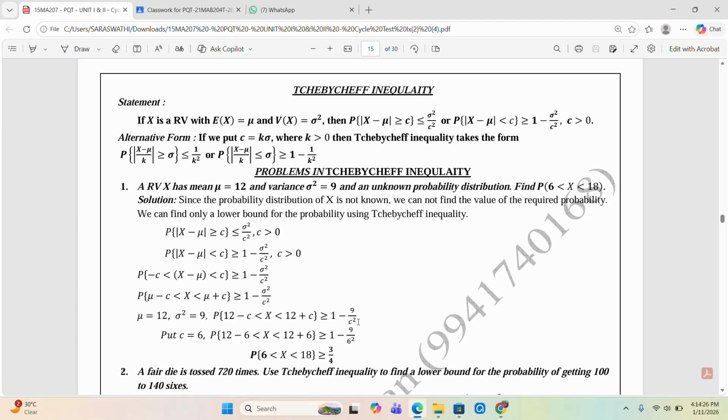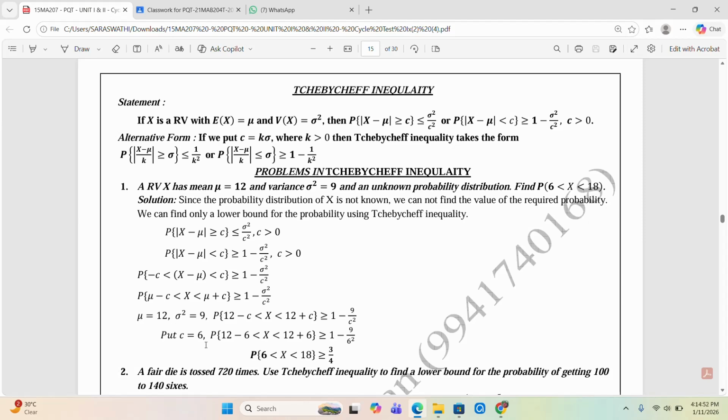Till here we have the answer, and now the question, P(6 < X < 18). So we have to choose the value of c equal to 6, because then 12 minus 6 is equal to 6, and 12 plus 6 is equal to 18, and then we will be getting the question.